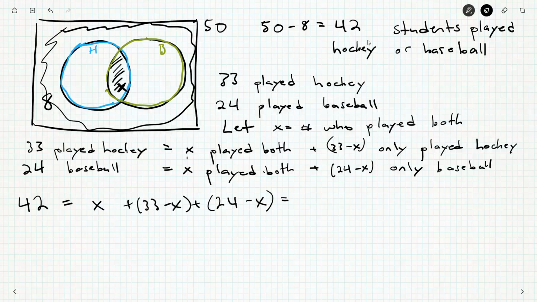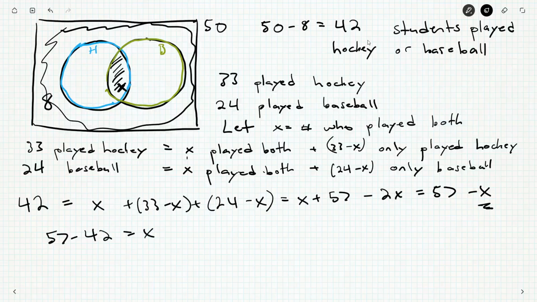So we'll get 33 plus 24 is 57, and then minus x. So this will be 57 minus x equals 42, and this is something we can solve for. So 57 minus 42 is equal to x. Well, that's 15. 15 is equal to x. So that's how many students played both.